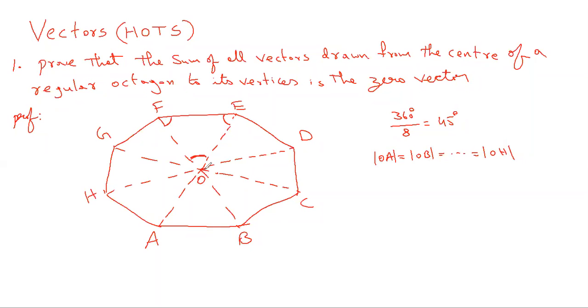And if you observe, OA and OE are of opposite directions. So OA equals minus OE, because OA and OE are of the same magnitude but opposite direction.